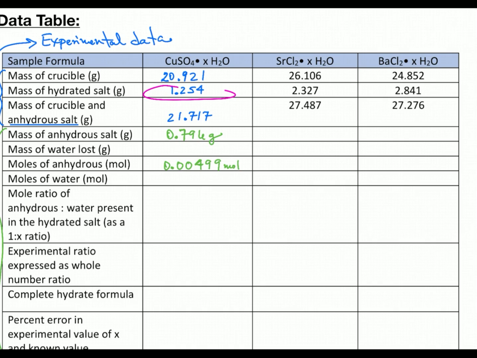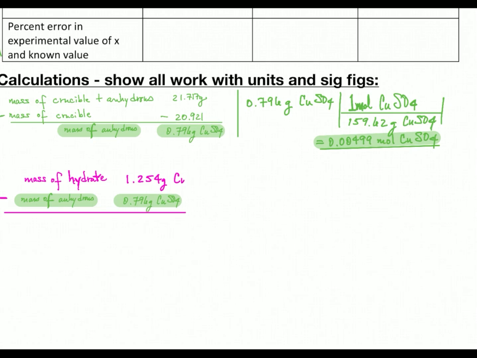Mass of hydrated salt that we began with was the 1.254, and that was of the copper sulfate with the water in it. So if we subtract just the salt from the hydrated salt, what we should be left with is the mass of water, which was removed on heating, and that is going to be 0.458.